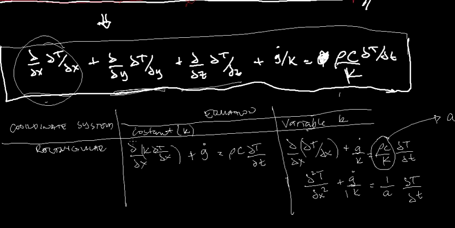But for a summary of this equation, let's have an expression in terms of 1D. Remember that if you have constant k, you can express it like this, and if we have a variable k, meaning the k varies, we can express this using this term.